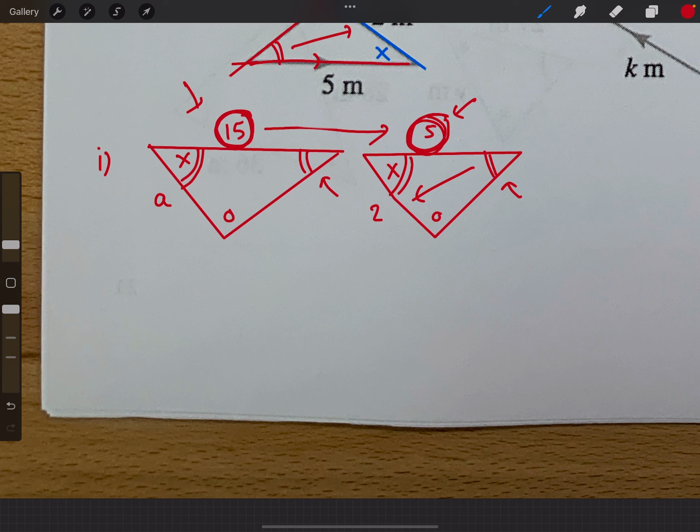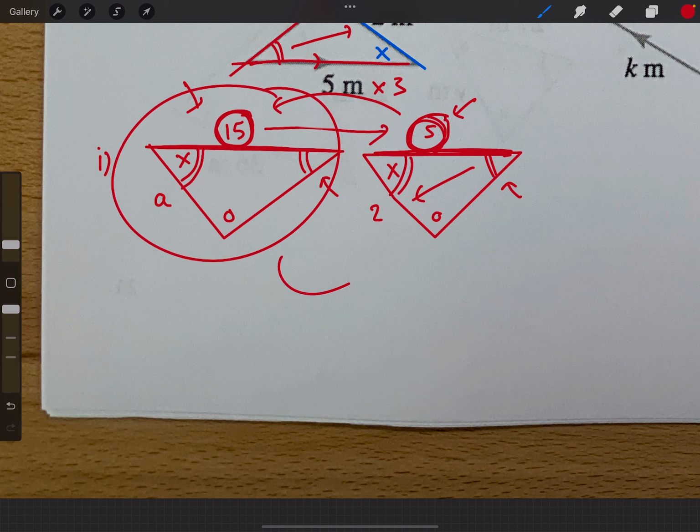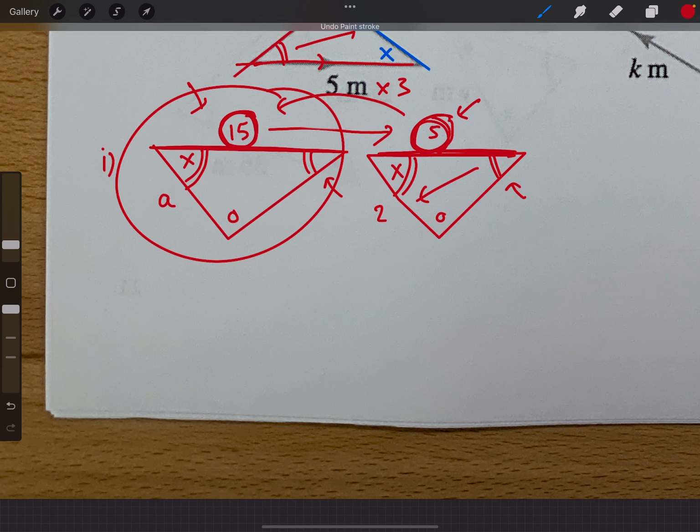Now let's see what's happened here. To get from 5 to 15, we have to multiply by 3, isn't it? So this length is 3 times bigger than this length, which means the triangle on the left is 3 times larger than the triangle on the right. And how do I know that?